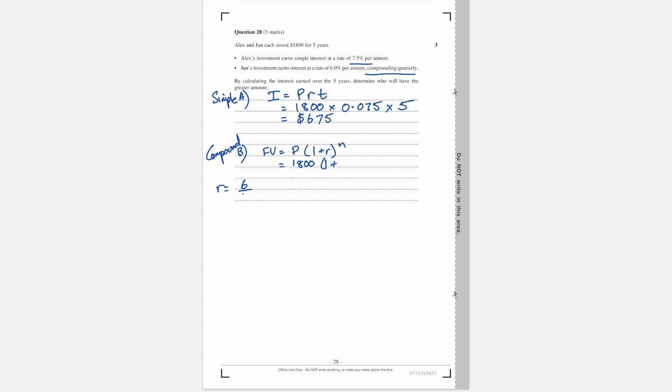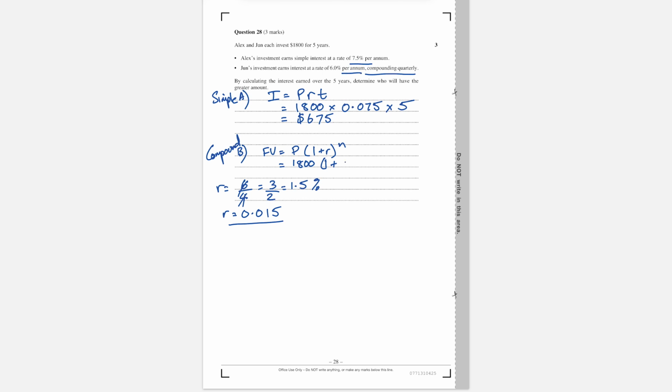So 6 divided by 4, which, 2 goes into 6 3 times, 2 goes into 4 twice. So 1.5% is what our r is, or in other words, r is equal to 0.015, right? Because we want to find out what our r is for each quarter of the year, not per annum, we want it per quarter.